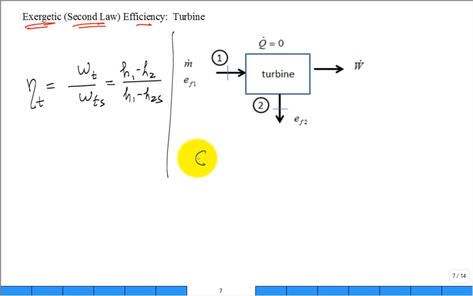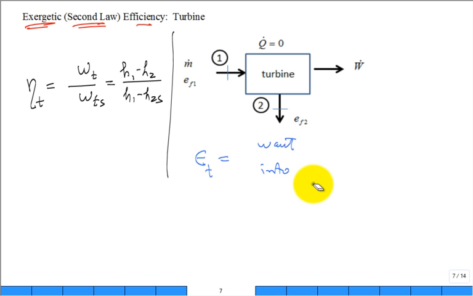The exergetic efficiency of the turbine is defined just like something where the numerator is going to be smaller than the denominator. Numerator is going to be close. You want it to get as close as you can to your goal. So what do you really want out of the turbine, and what do you really put into the turbine to make it work?